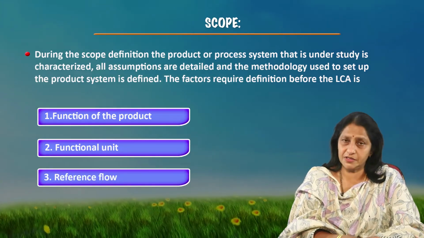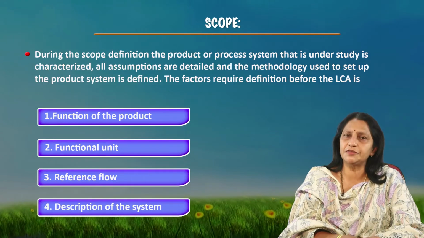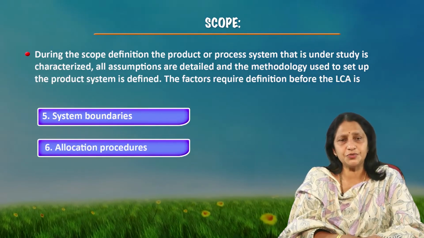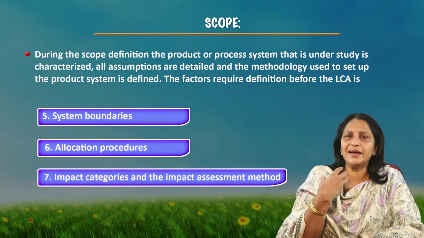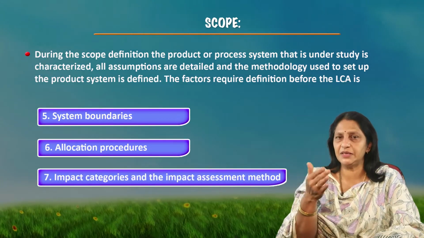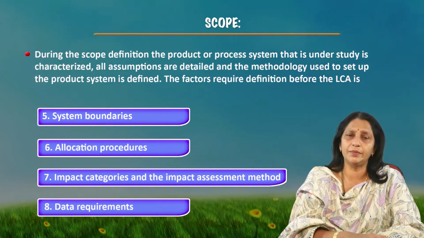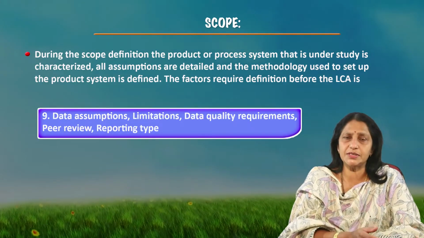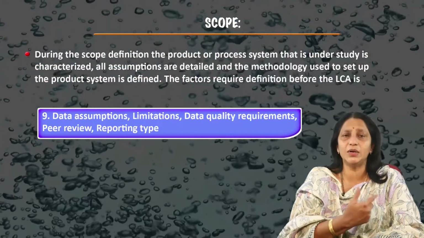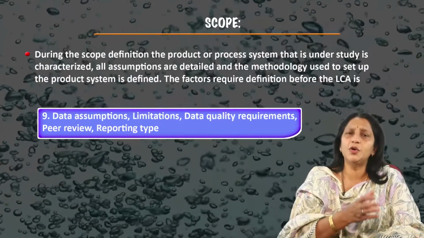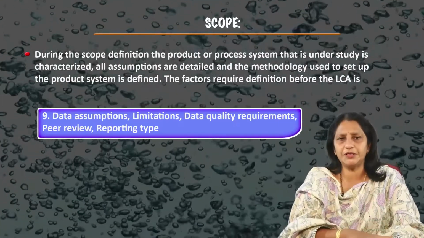And then the reference flow, description of the systems and system boundaries, allocation procedures, impact categories and the impact assessment method of that particular product, and what are the data requirements and data assumptions, limitations, data quality requirements, peer review, reporting type. So all these things will come into the picture.